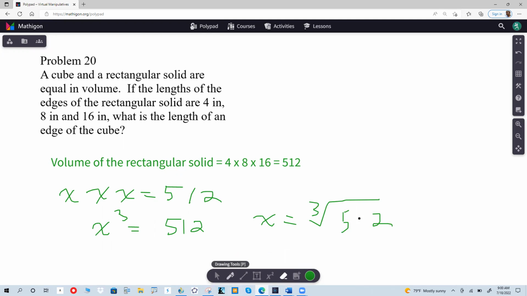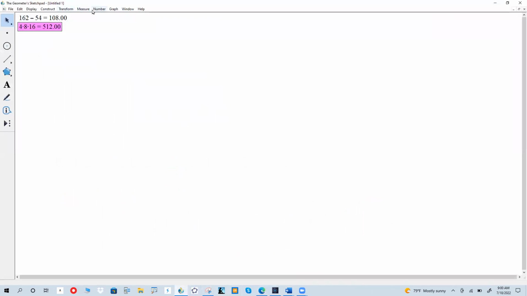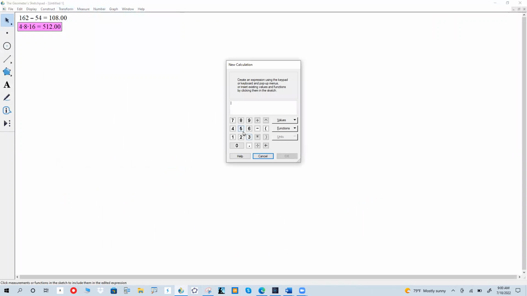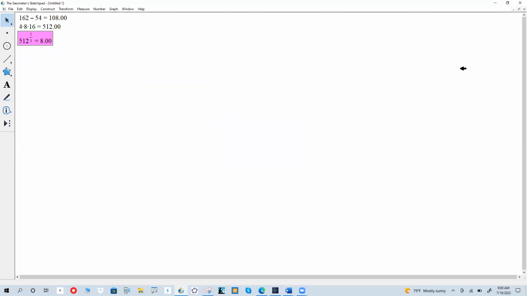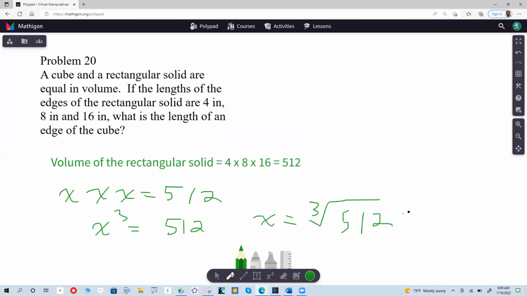And what's the cube root of 512? We'll find out. It's 8. And it should be a whole number. The answer is 8 inches. And let's check our answer.